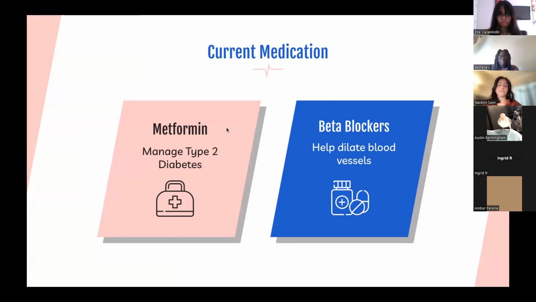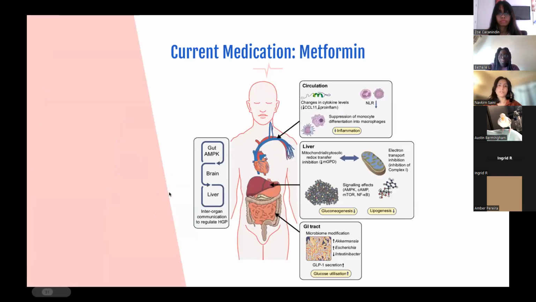So what we know is this patient is taking metformin, and that's to take care of their type 2 diabetes. And they're also taking beta blockers, and that helps dilate blood vessels. So let's take a little further look. Since we know type 2 diabetes can lead to developing CVD, it's important to consider what types of medications the patient currently takes.